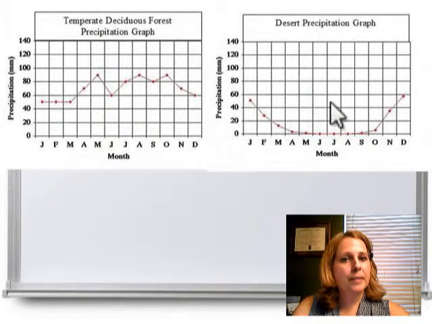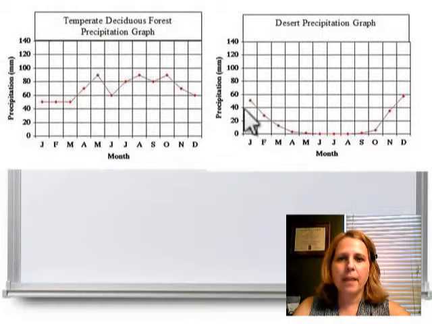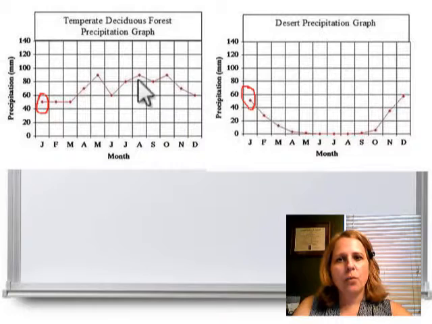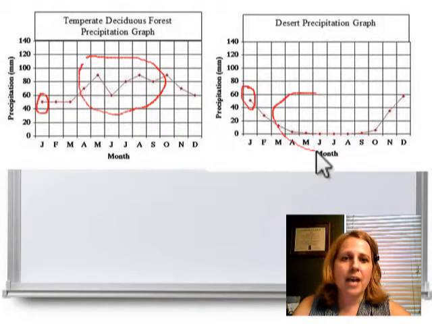Now let's take a look at a desert precipitation graph in comparison to our temperate deciduous forest. Now what's interesting is they both have about 50 millimeters of rain in January, but other than that, they're very different. So whereas we had a wet summer here, in the desert you have a very dry summer, spring, summer, and fall.